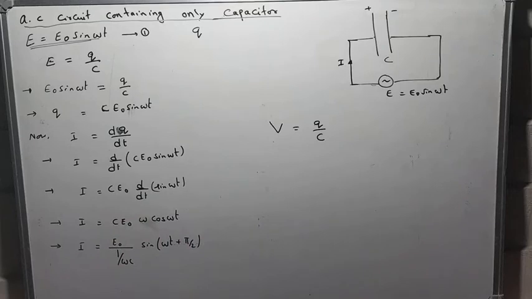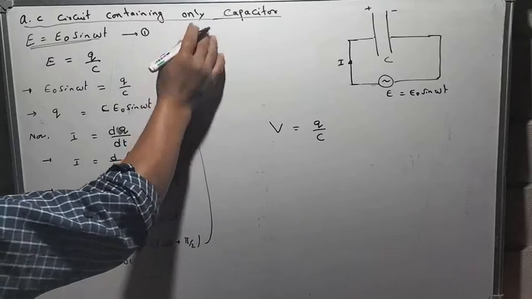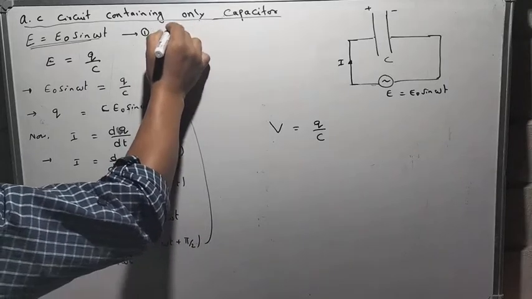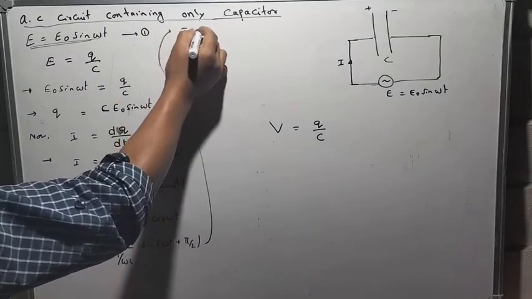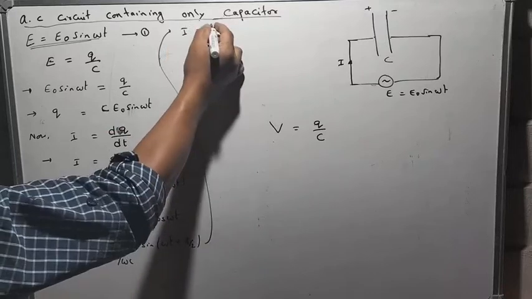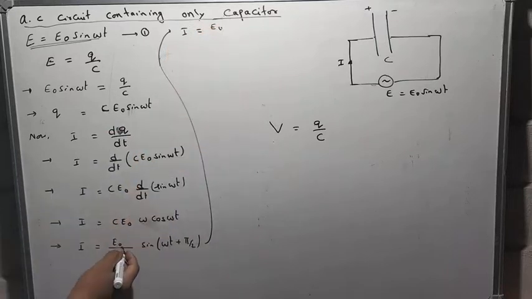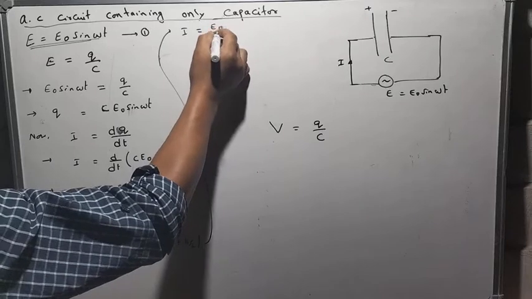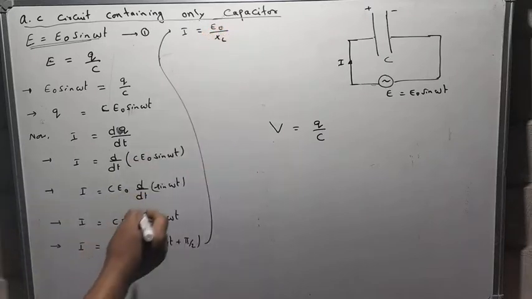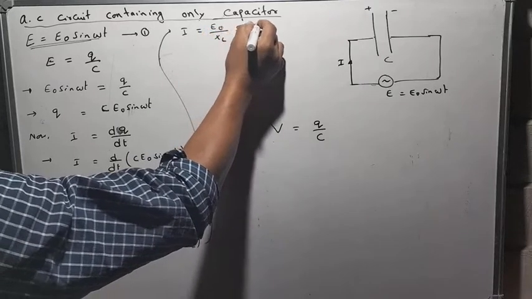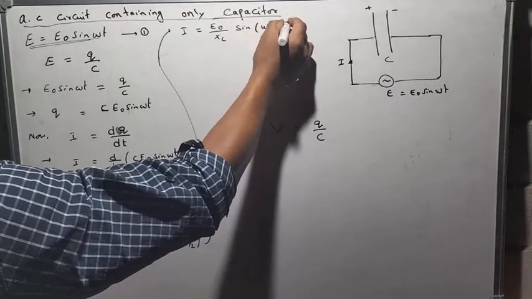Now let me write it here: I equal E naught, and instead of this 1 upon omega C, let's say I'll write XL, and then sine omega t plus pi by 2.